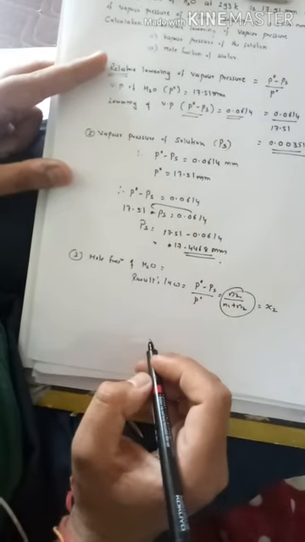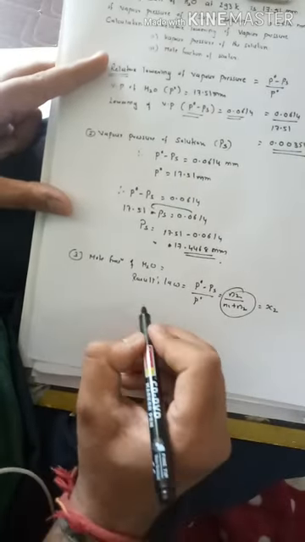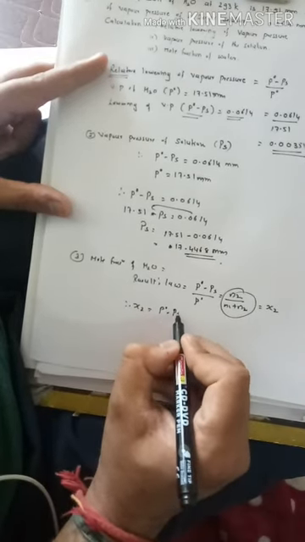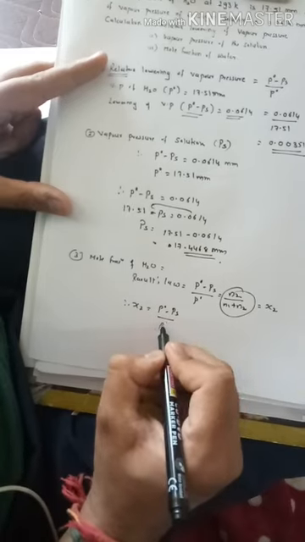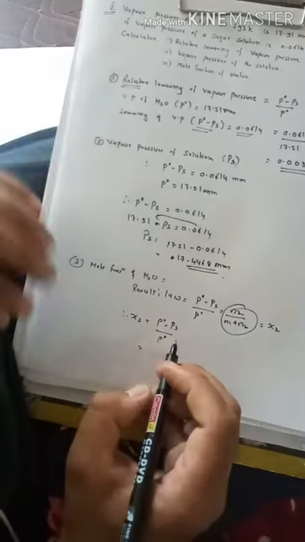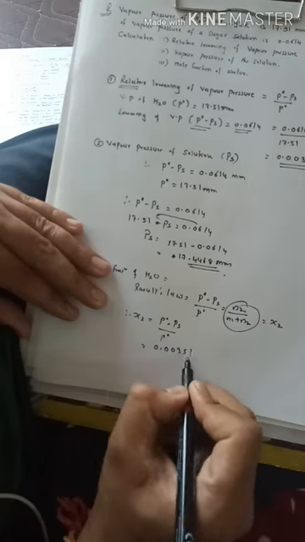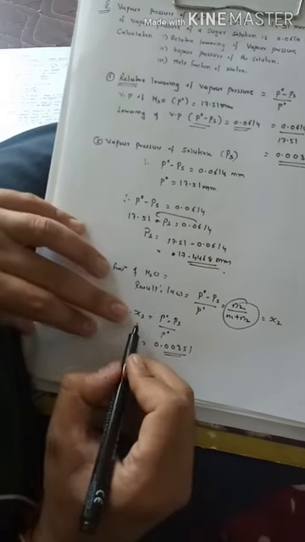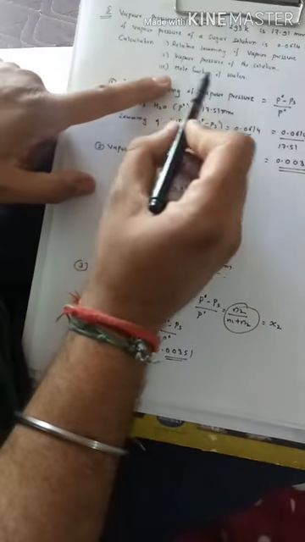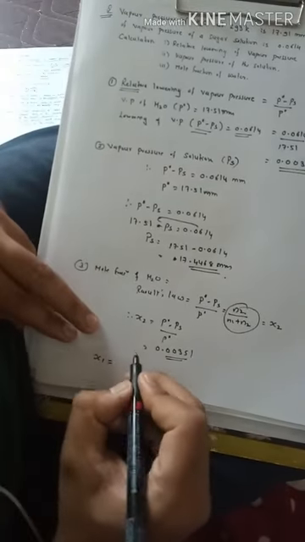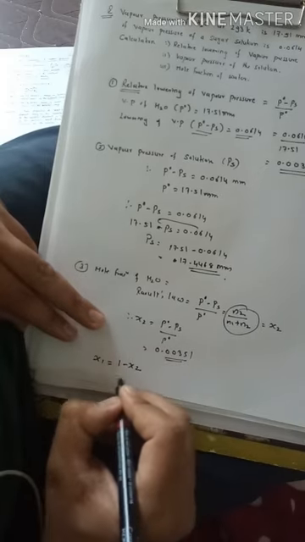We can consider it as X2. Therefore X2 is equal to P naught minus Ps upon P naught, which gives 0.00351. This is X2. What about X1? X1 means the mole fraction of water. So X1 is equal to 1 minus X2.